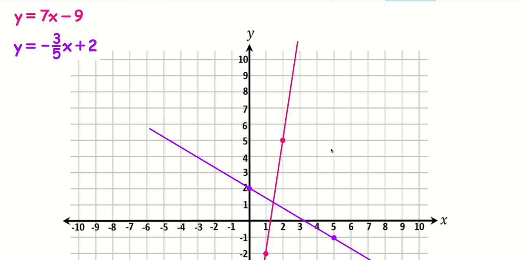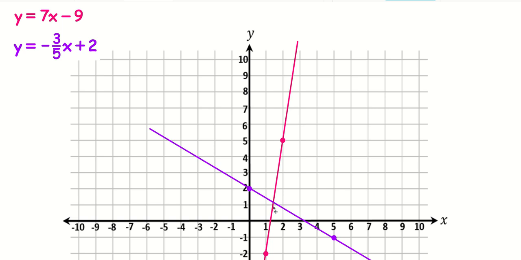Even if you're using a ruler, you graph this pink line, and then you graph the purple line. Where are these guys crossing? I guarantee you'll be maybe close, but you'll be wrong. Because look at this. It's pretty much impossible to tell with just the human eye.